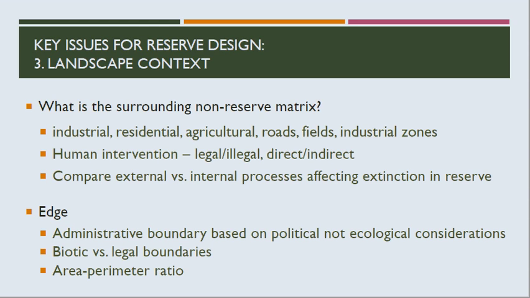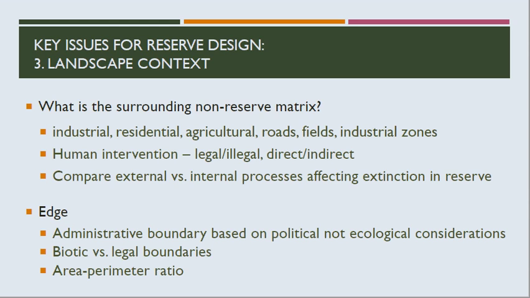Edges of the reserve need to be taken into account. Quite often, reserves are based on socioeconomic reasons, and therefore the boundaries tend to be along fence lines or roads or railway lines, for instance, and therefore are very ecologically unreal. So you would tend to find plants and animals not recognizing those boundaries and needing to cross them, and that can be very problematic.